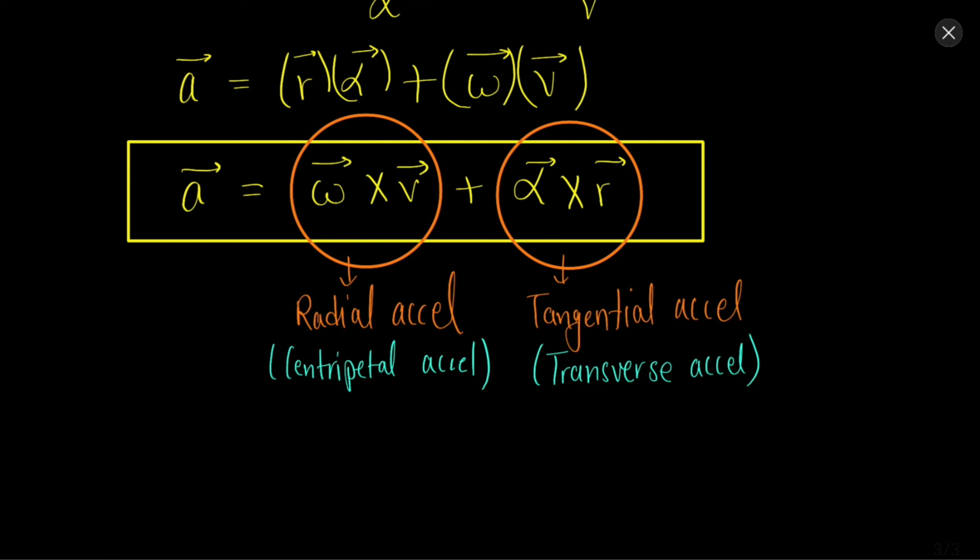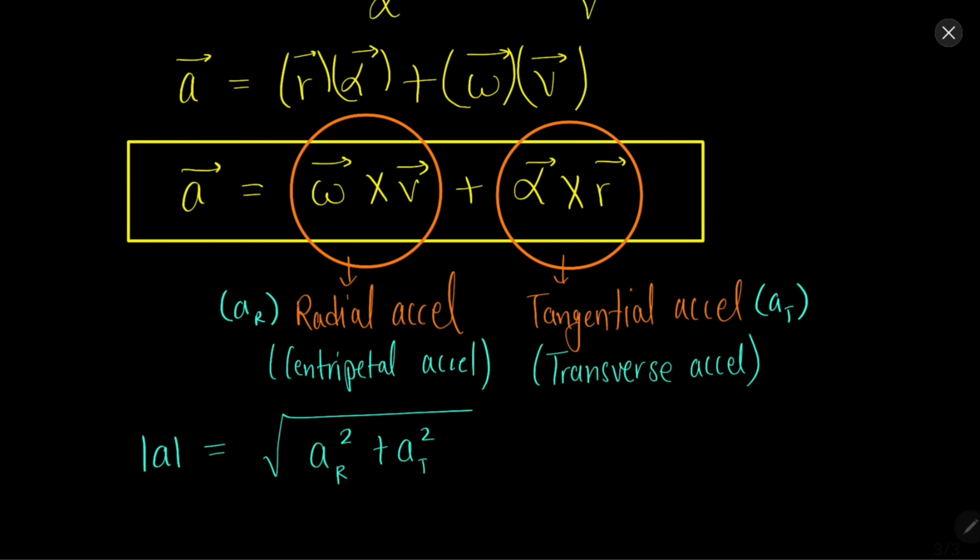Now if you want to find the magnitude, this is a vector quantity having both direction and magnitude. If you only want the magnitude, you can find it using this formula: radial component of acceleration squared plus tangential component of acceleration squared. This is the radial component and this is the tangential component, so you can find the magnitude using the formula that we discussed in vector calculus. And how can you find the angle or the direction?